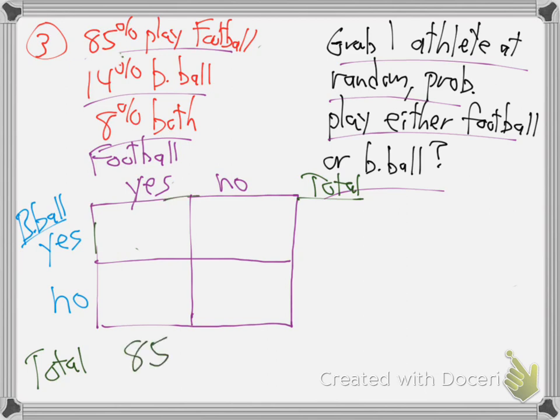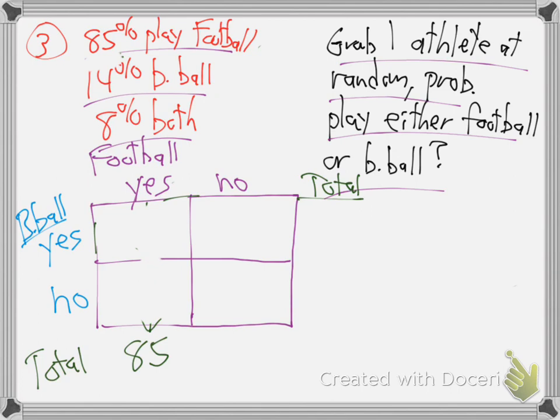Right there. You see, it's a total number, right? It's the total yes football number. It's the total percentage that are yes to football. In other words, whatever number goes here, I'm going to find out eventually, and whatever number goes there have to add up to 85, which we'll find out in a minute. Does that make sense?